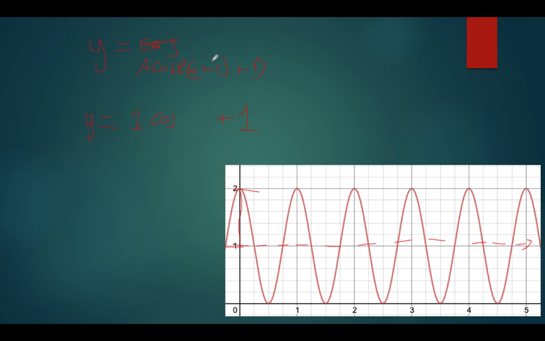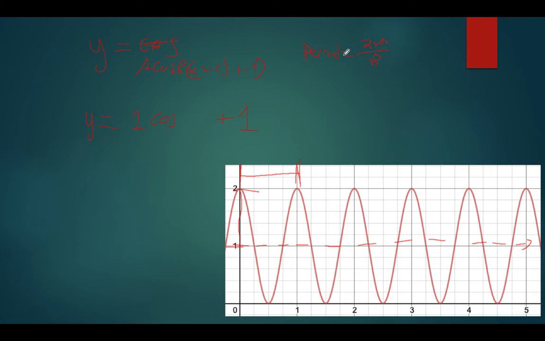Now we need to find a b and a c. Well, there is no horizontal shift, right? We start at a crest right at 0. So we don't even need to add anything here. So we just need to find our b. And so 1 period, well, if you look right here, the period is 1. So remember from yesterday, or maybe it's 2 days ago, period equals 2 pi divided by b.